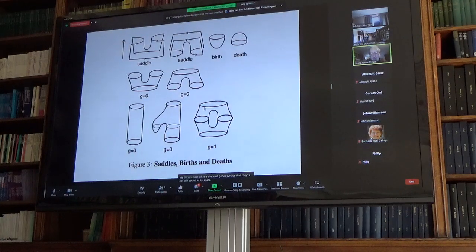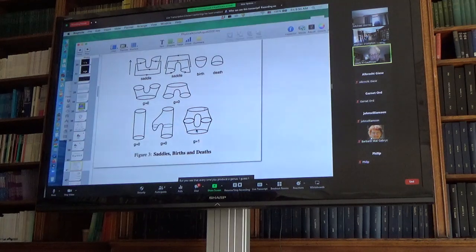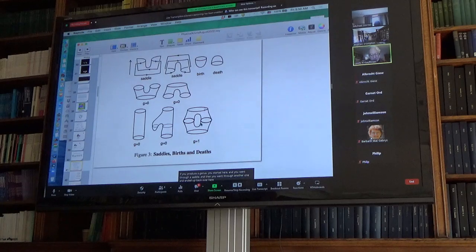But you see that every time you produce a genus, I want to point again, you started here and you went through a saddle and then you went through another one and ended up back over here, you see that for every bit of genus that you produce, every hole in a toral or higher punctured surface situation, you're going to have 2 reconnections. So every instance of genus is 2 reconnections.